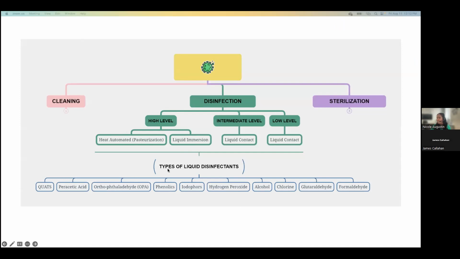And these are all the types of liquid disinfectants: quats, also known as quaternary ammonium compounds, peracetic acid, OPA, orthophthaldehyde, I hope I pronounced that correctly, phenolics, iodophors, hydrogen peroxide, alcohol, chlorine, glutaraldehyde, and formaldehyde. That was very wordy.